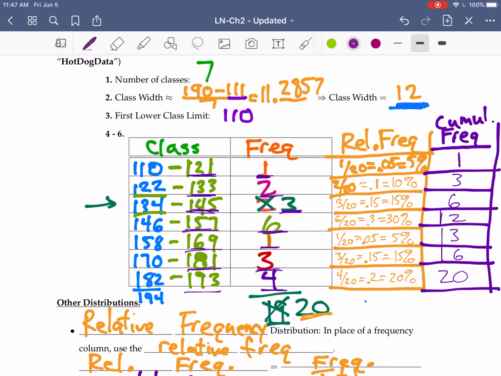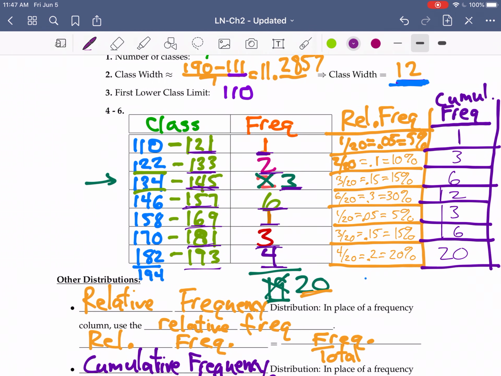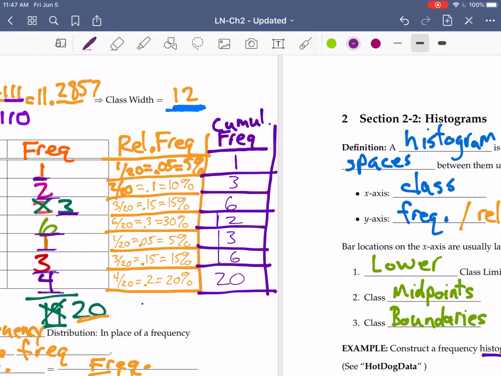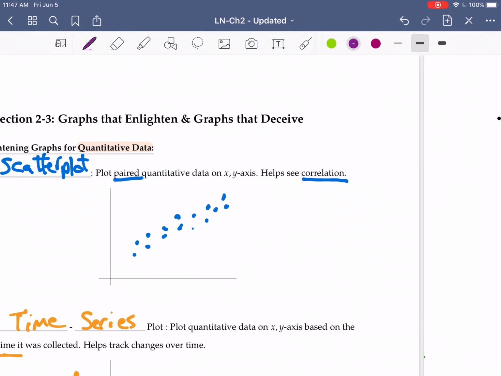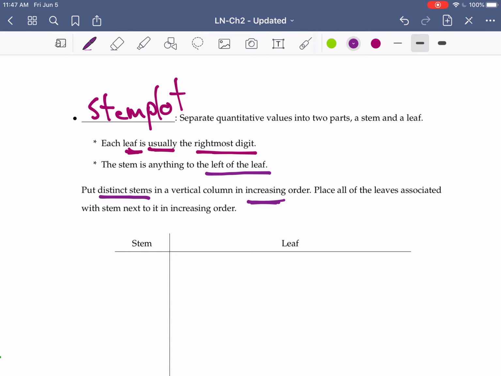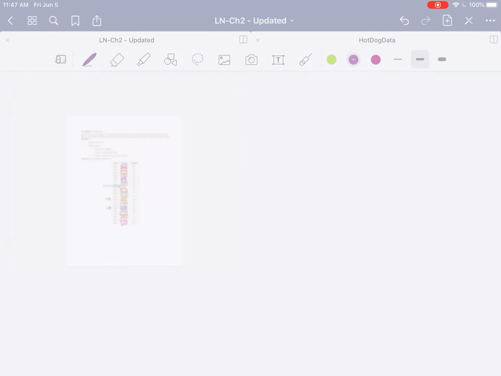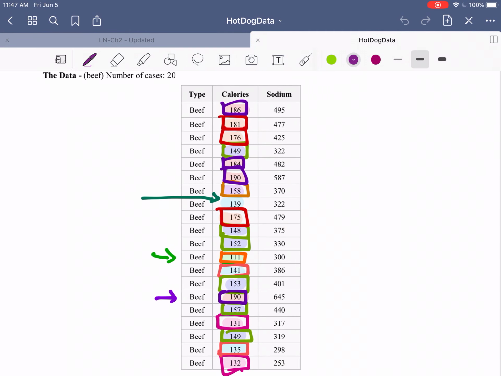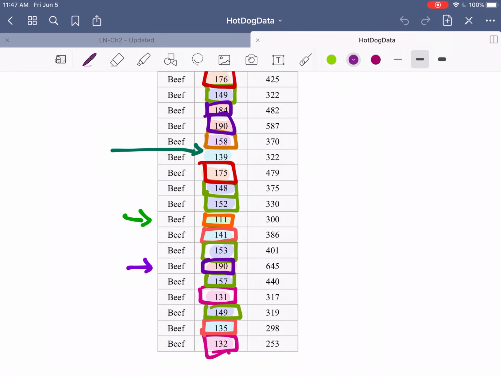So here was that frequency distribution we created for our hot dog data set. Let me go back to the data set itself. And so for our hot dog data itself, here is our hot dog data. Our smallest number of calories that we had was 111, right here.